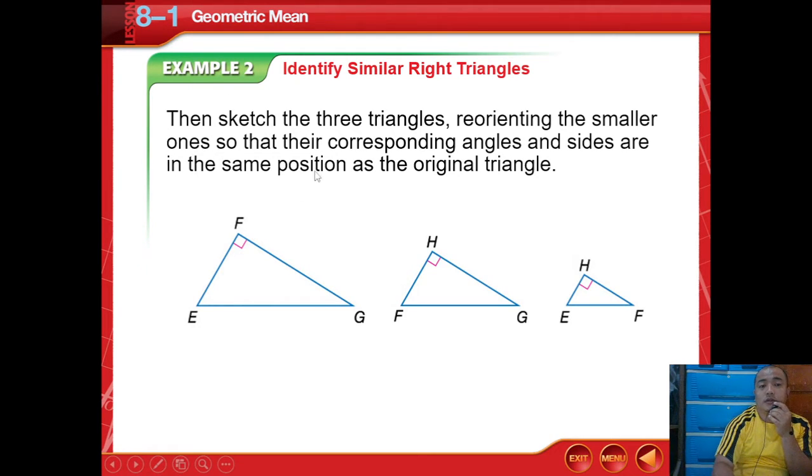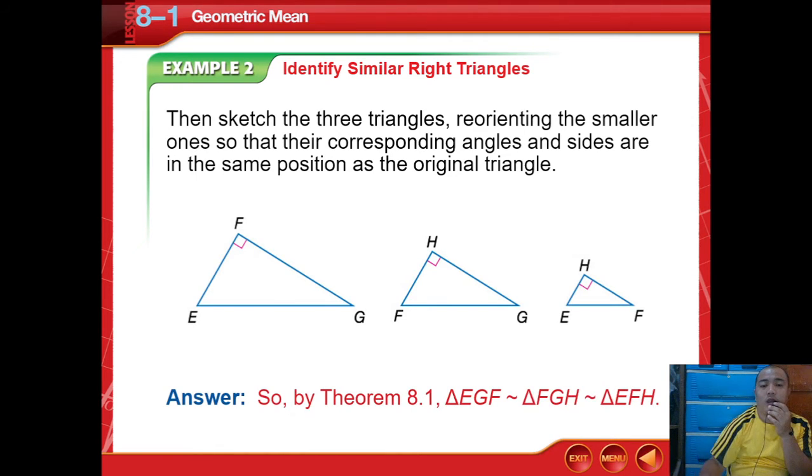You draw the altitude, point H, and here are the triangles formed: FHG and EHF. These are all 3 right triangles and they are similar to each other. So by Theorem 8.1, triangle EGF is similar to triangle FGH, similar to triangle EFH.